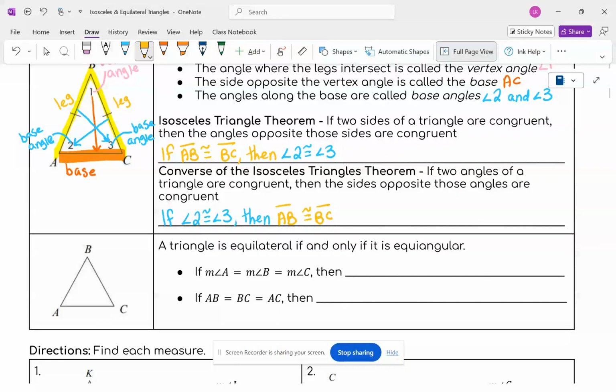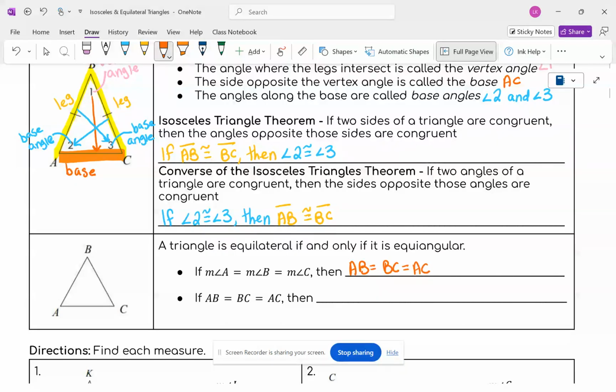With equilateral triangles, remember that equilateral means all three sides are congruent. And a triangle is equilateral if and only if it is equiangular. So if the measure of angle A equals the measure of angle B equals the measure of angle C, then we can say that AB equals BC equals AC. And the converse of that is true as well.